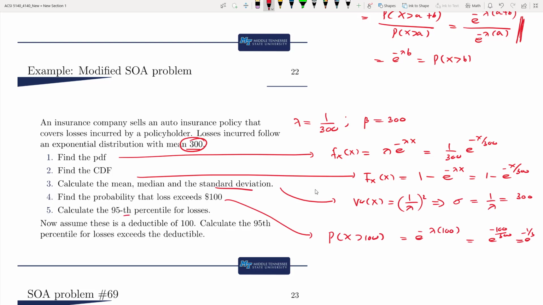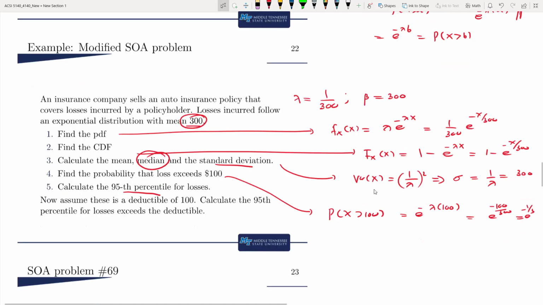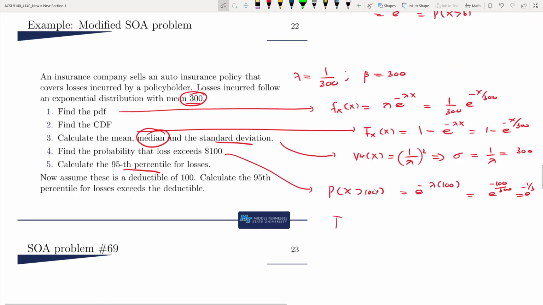Calculate the 95th percentile. By the way, I missed the median. Let's calculate the median. In order to calculate the median, you set the CDF to 0.5 and calculate that value. So this one is the median, and it needs to be 0.5. We know that F(b) is 1 minus e to the power negative b over lambda equal 0.5.